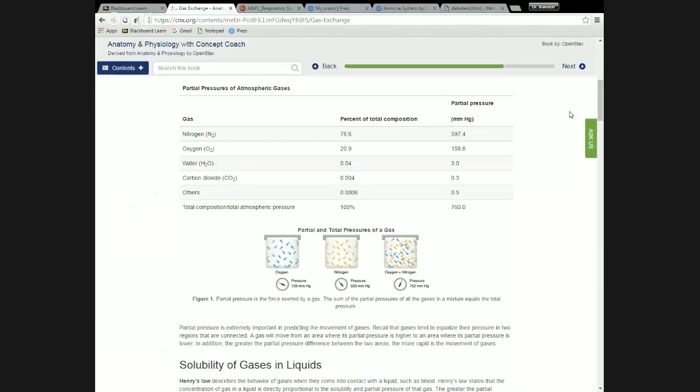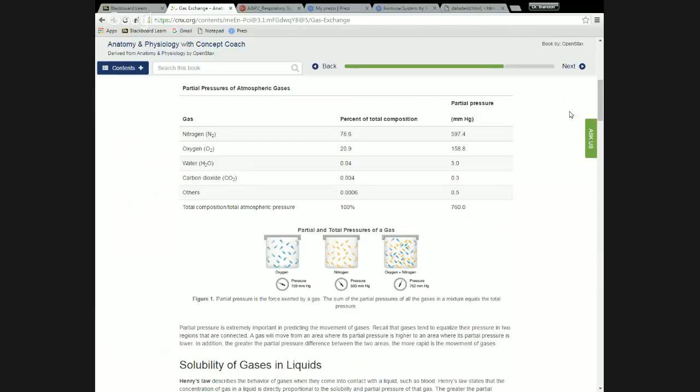The picture down here kind of suggests that idea. Here we have a beaker with oxygen gas in it at 159 millimeters of mercury. Here we have a beaker of nitrogen at 598 maybe millimeters of mercury. You put those two together in a container and you're going to get a total pressure for them, which is those two numbers added together.